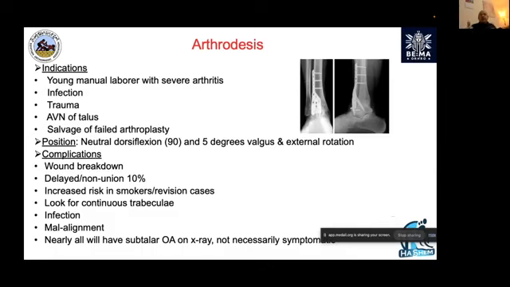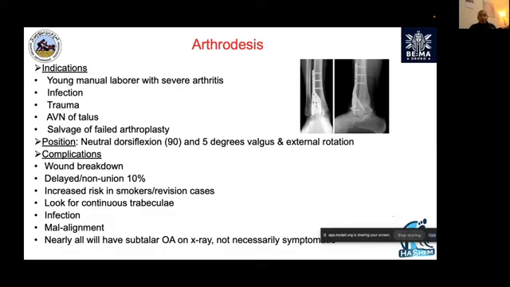So you keep it in neutral dorsiflexion to load the whole surface of the joint, allow it to unite, fuse, and not have any problem or pain after that. Number two, 5 degrees valgus, because it's the natural alignment of the hindfoot, and 5 degrees external rotation to make clearing the foot from the ground during the gait easy without much movement from the hip or the knee.